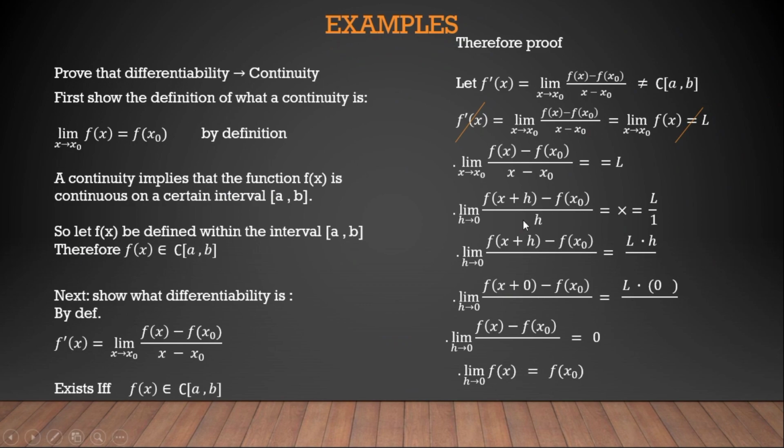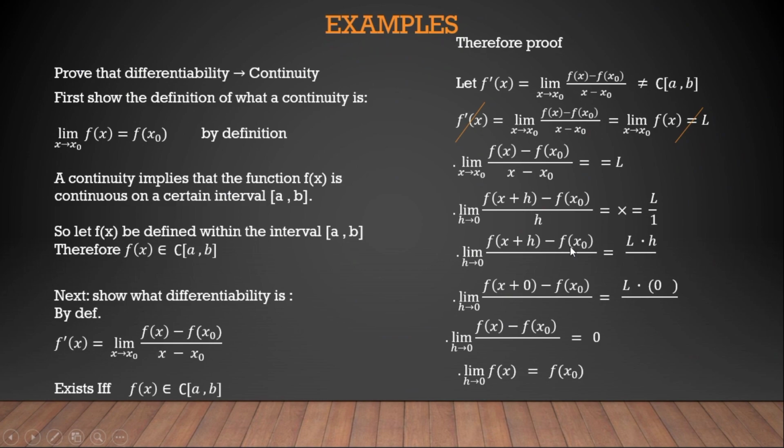So we have this type of scenario here. Okay, so if we have that, then we're going to multiply this h by L. So if we multiply these two together, we have L multiplied by h, and then we also have f of x plus h minus f of x naught.